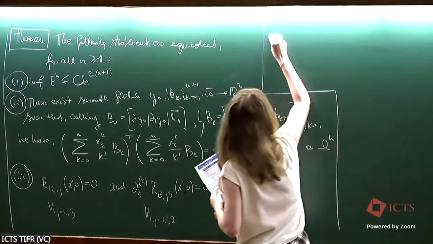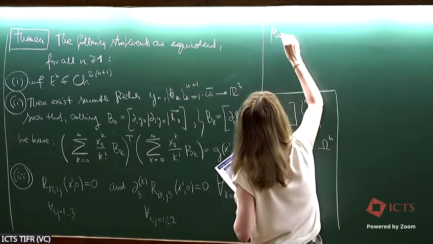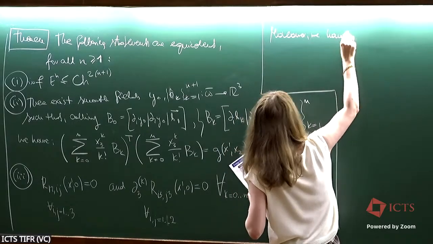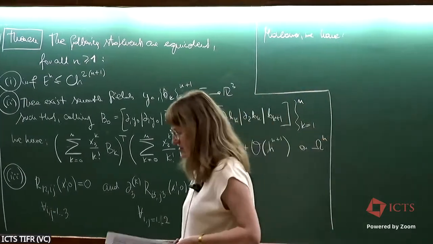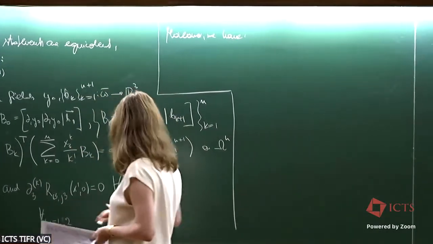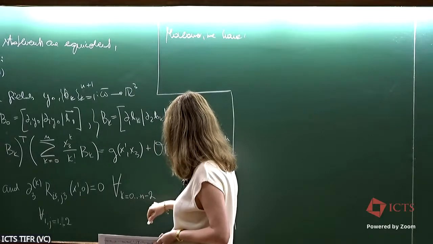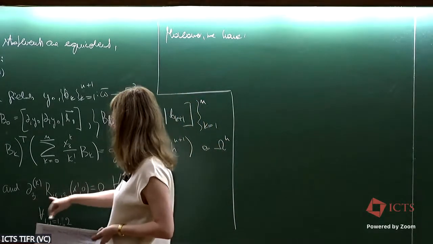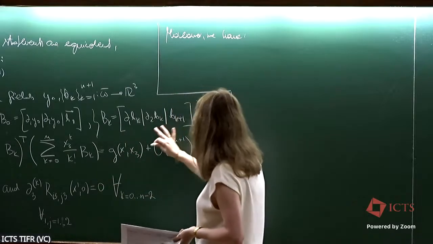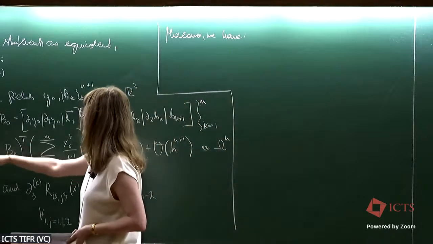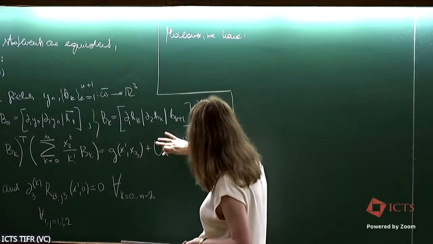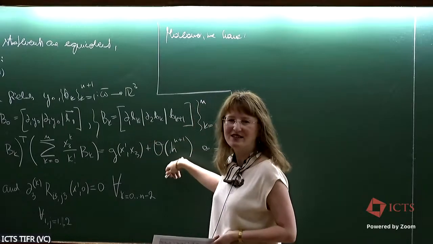Moreover, I continue the theorem. Moreover, we have: all those curvatures vanish. So the first one that does not vanish, k equal n minus 1, is exactly the term which makes the difference of this and this at this order which is prescribed here.